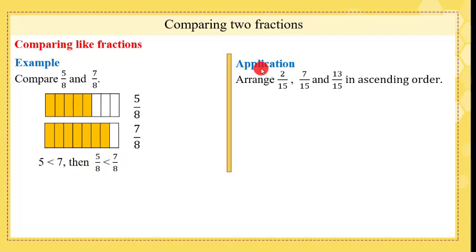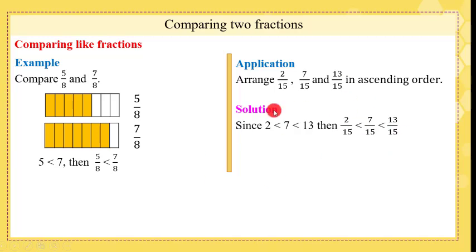Now let us solve the application. Arrange 2/15, 7/15, and 13/15 in ascending order. Please pause the video and try to solve the application. Solution. Since 2 is less than 7 is less than 13, then 2/15 is less than 7/15 is less than 13/15.